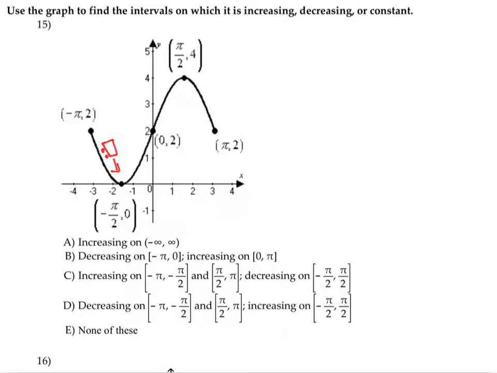What are you doing in that first section? Right where I put the roller coaster, you're going down, aren't you? So this is decreasing to here, and then this is increasing, and then this last section is decreasing. You're going uphill in the middle, but on the left edge and the right edge, you're going down, aren't you?